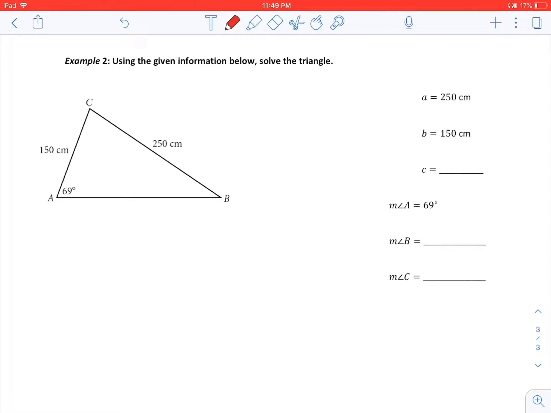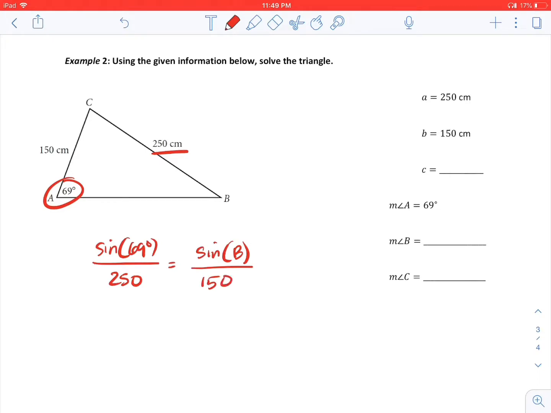The law of sines in this case would say first start with the angle side pair that you're given and set that up in a ratio. The sine of 69 degrees divided by 250 is equal to, let's choose B in this case because we're given the opposite side B, the sine of angle B divided by 150.